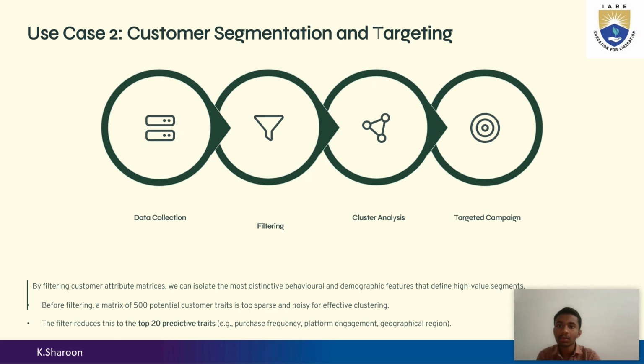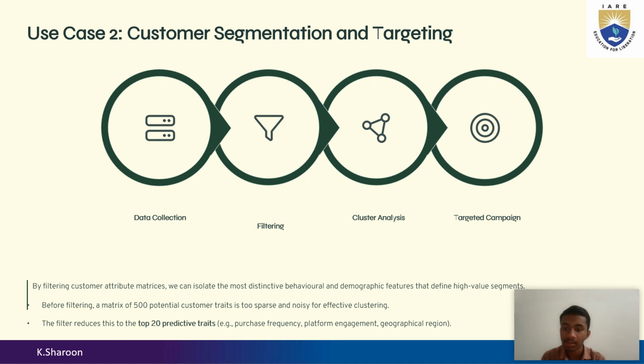Use case 2: customer segmentation and targeting. First, the data is collected and filtered, and the filtered data is made into clusters and analyzed. Then it is sent to a targeted campaign. By filtering cluster attributes, matrices can isolate the most distinctive behavioral and demographic features that define high value segments.